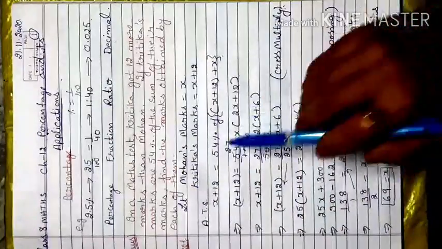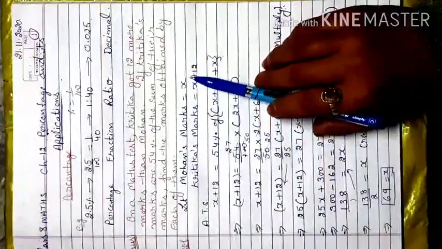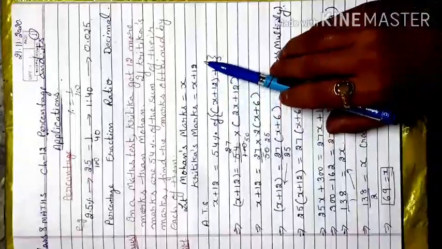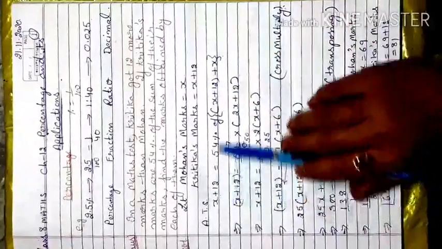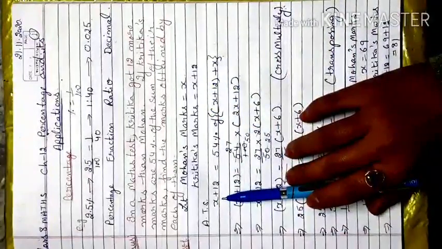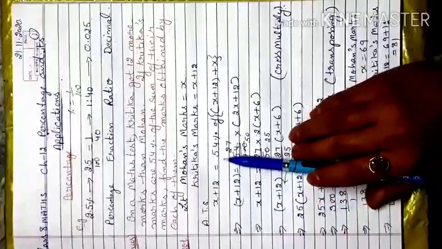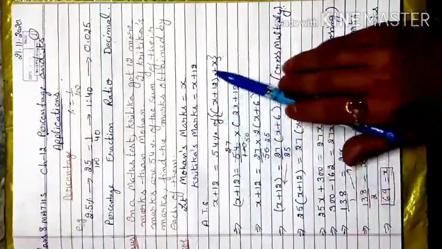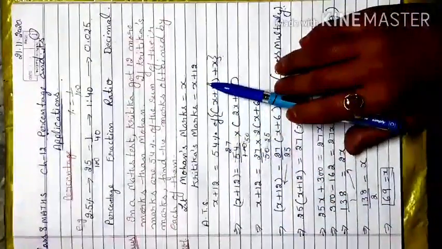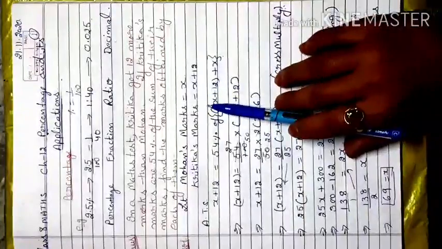So what we will do: let Mohan's marks be x, Kritika's marks be x plus 12. Then according to the statement, x plus 12 is equal to 54% of the total of these two candidates' marks, Mohan and Kritika.